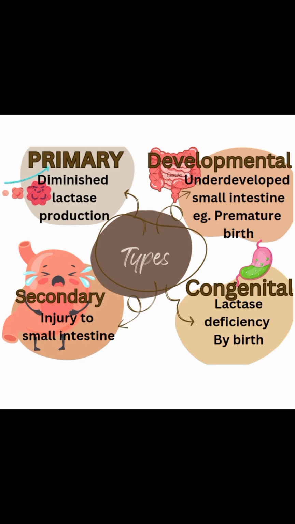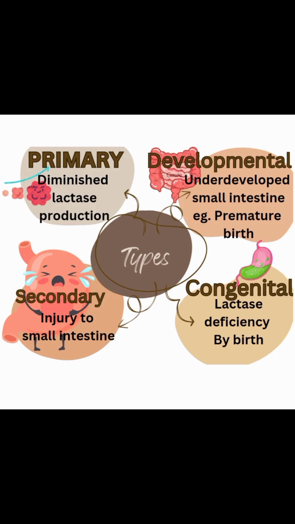So the child became lactose intolerant over time. So, this is your primary one. As for the secondary, there was some underlying cause because of which the small intestine got injured or traumatized, therefore causing lactose intolerance. So by treating the underlying cause, we can treat the secondary one. Then comes developmental. In case of premature birth or any developmental defect, the small intestine is not fully developed, therefore causing lactose intolerance.